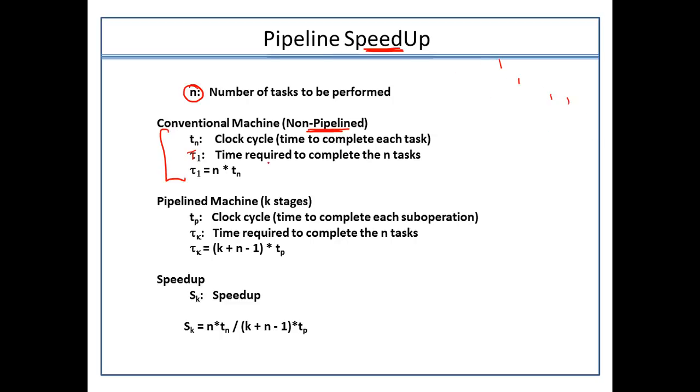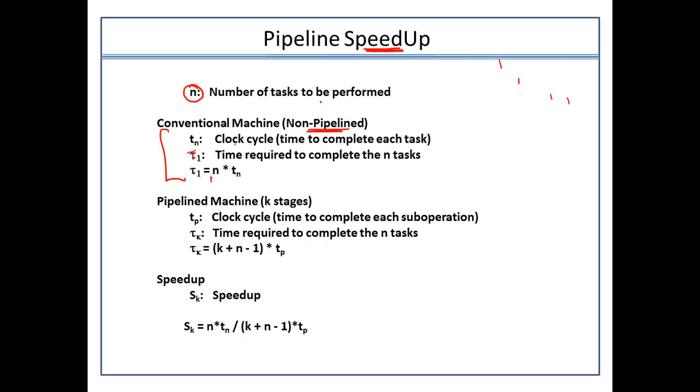Depending upon the time required to complete the tasks, as well as the clock cycle time and the number of tasks to be performed, we are able to generate the total time required to complete the n tasks.